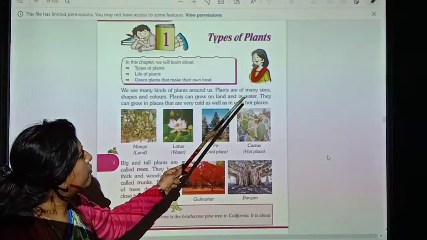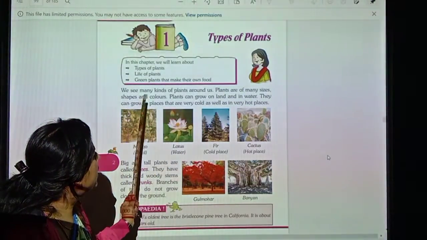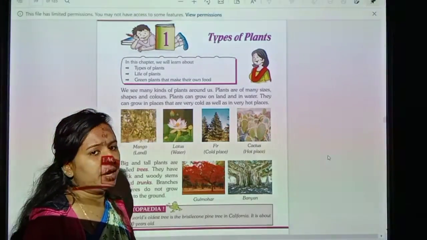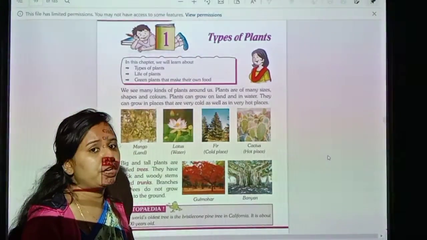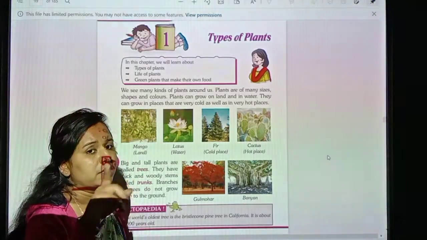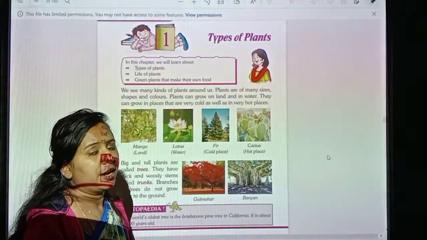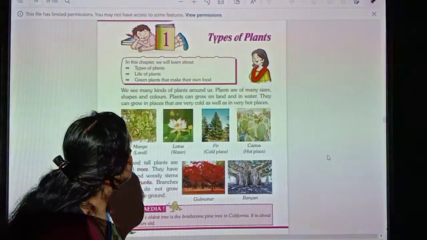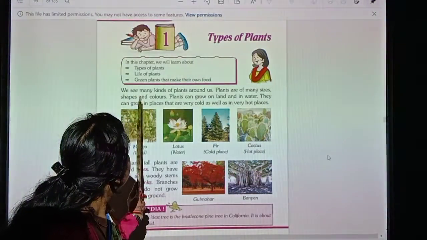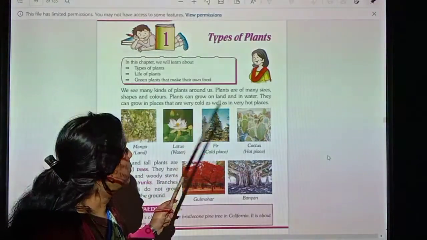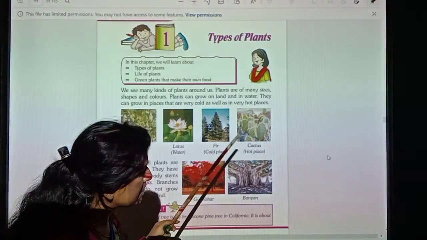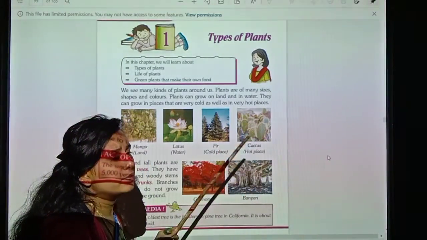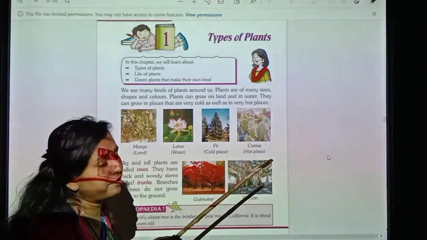Plants are of many sizes, shapes and colors. There are many shapes like big, small, triangular shape, heart shape, and you can see long shapes. Some leaves are green, some leaves are yellow, some leaves are mixed with yellow and green.